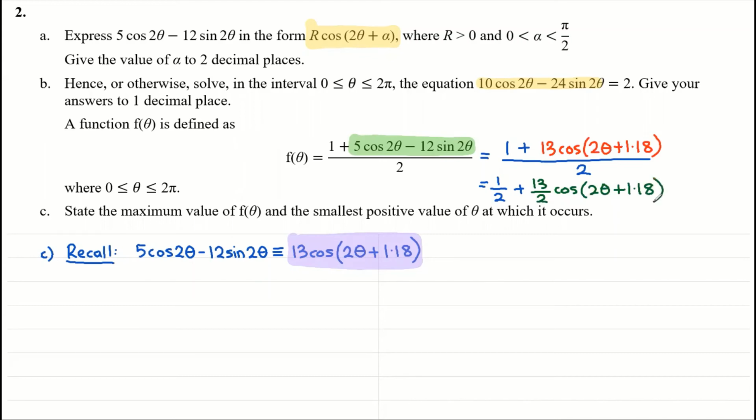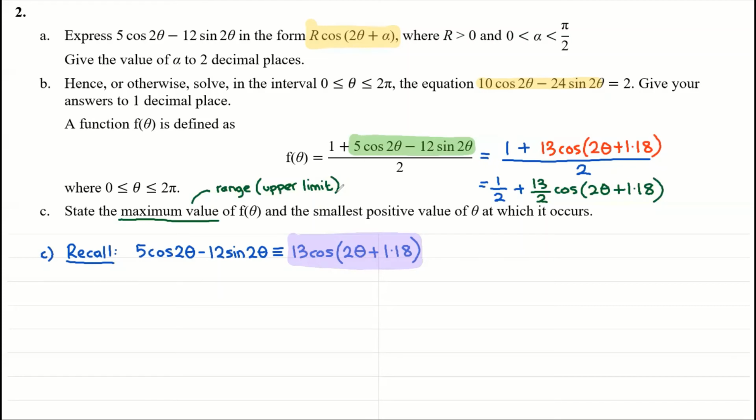And we're asked to find the maximum value first of all. Well, the maximum value, this is related to the range, isn't it? And more importantly, it's the upper limit of the range. So can we find the upper limit of the range for this function?